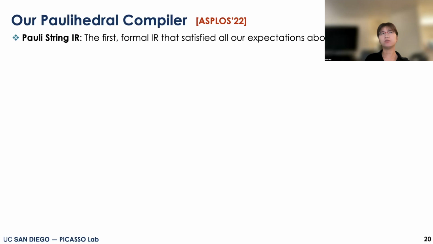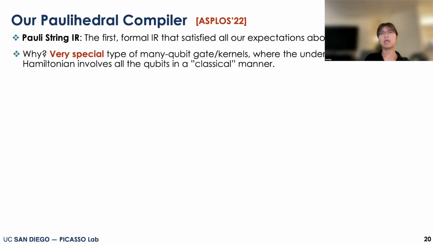Our polyhedral compiler provides the first formal high-level intermediate representation that tries to capture this kind of larger-scope quantum information in quantum programs. You may want to know what kind of high-level structures you can have in a quantum program.